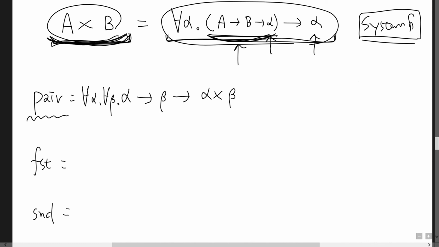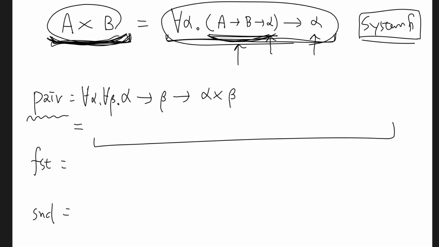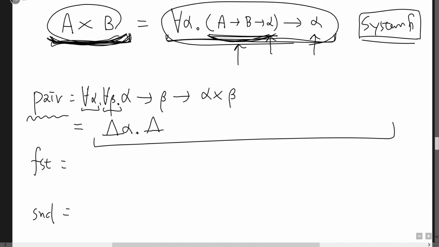Then what is the expression? Similarly to the previous examples, it's just a matter of finding an expression of this type. So first you have for all alpha, so you have to introduce this type abstraction. And similarly here, type abstraction. Now you have this function. First, let's just say the first argument is x of type alpha. The second argument is y of type beta.